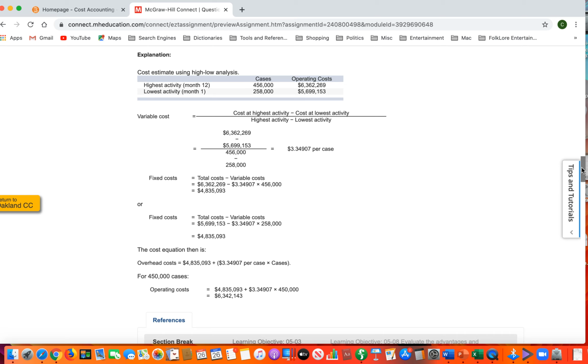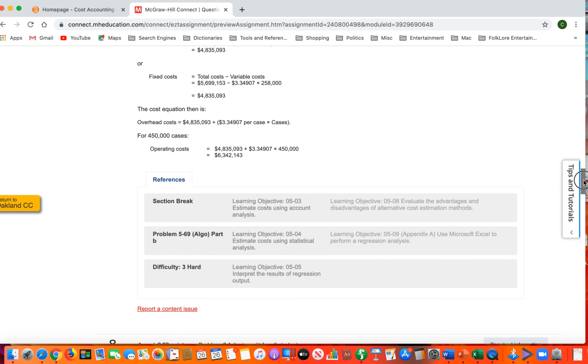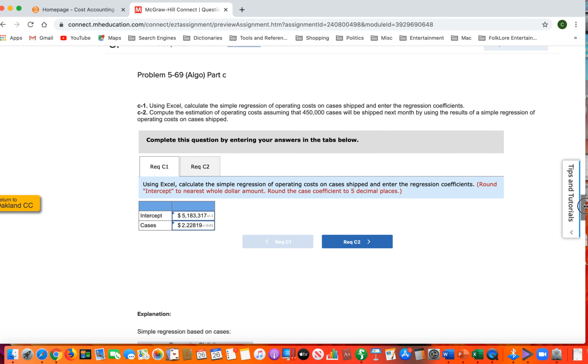If you close out and then come back to this, McGraw Hill will have changed. Same problem, but the numbers will be different. So anyway, that's neither here nor there, I suppose.